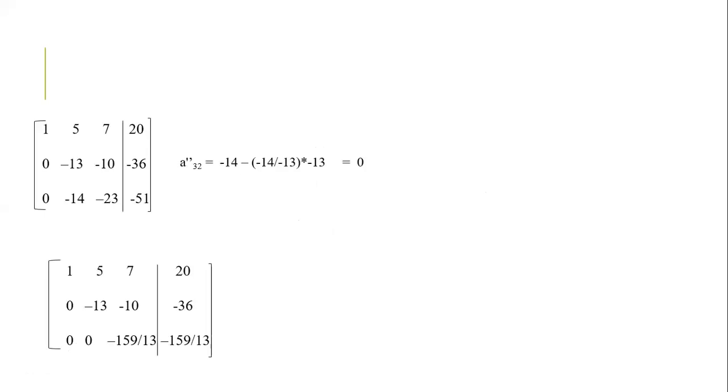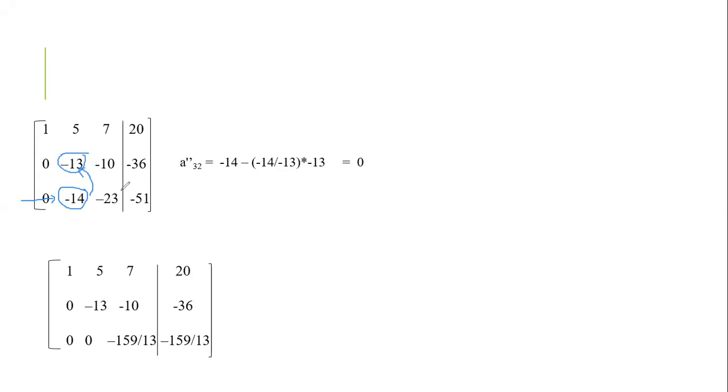So we have -14 minus -14 over -13. You pick the element minus the leading coefficient, which is negative 14, over the pivot, which is negative 13, times the value on top of negative 14, which is negative 13, which will give you 0.